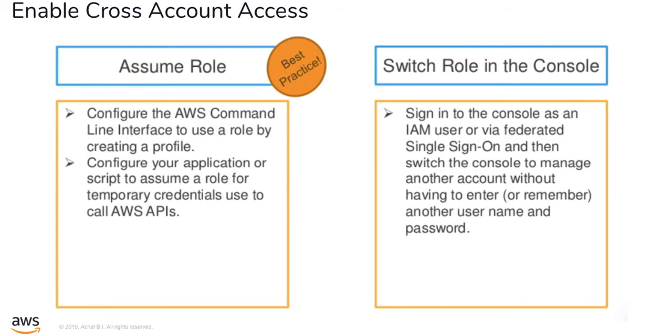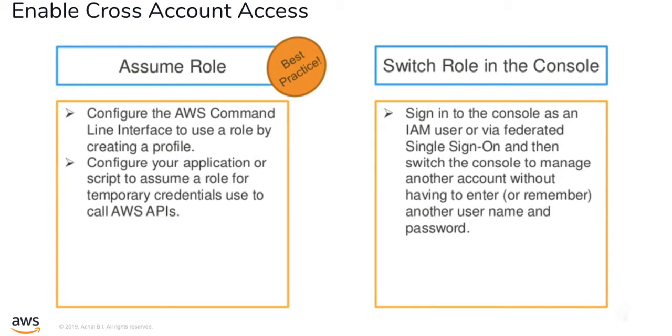You could also enable cross account access. That is, you could assume a role from the command line, configure that, and access a different account, or you could switch role in the console itself to access certain accounts.